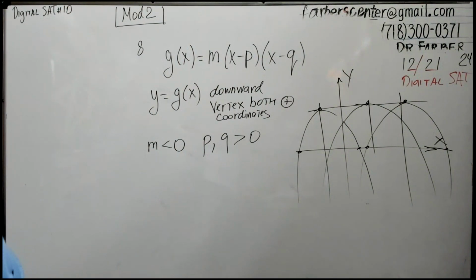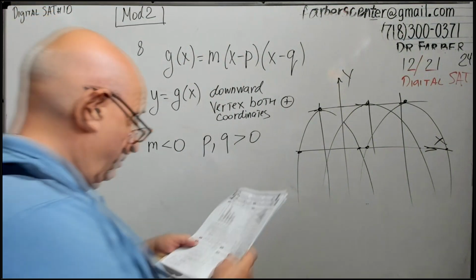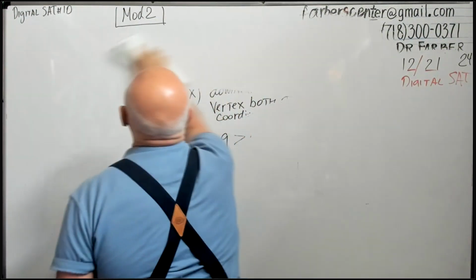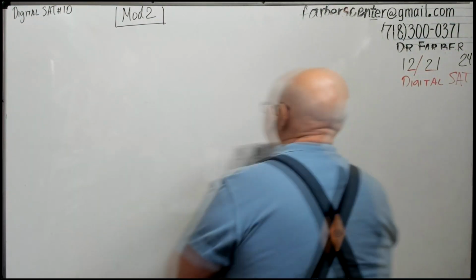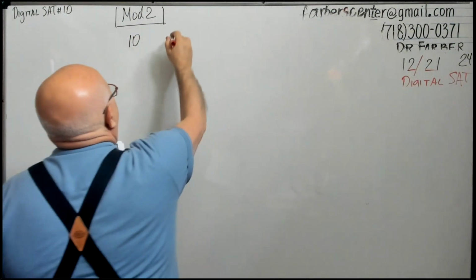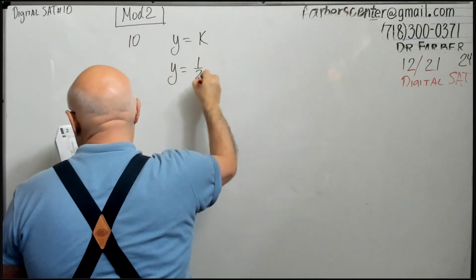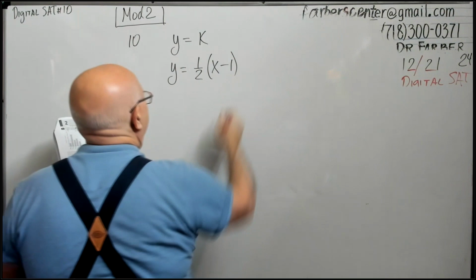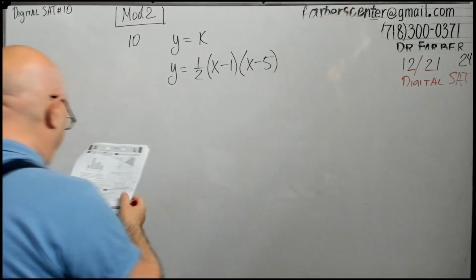This was number 8, now number 10. If y equals k, and y equals 1/2 times x minus 1 times x minus 5, k is a constant.